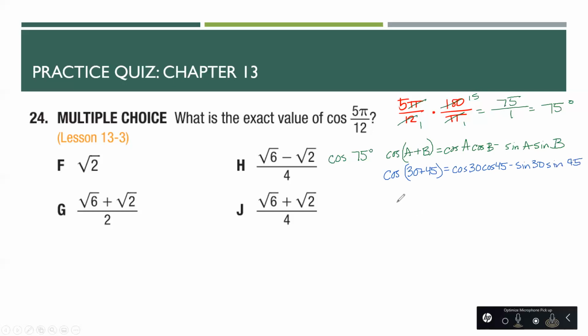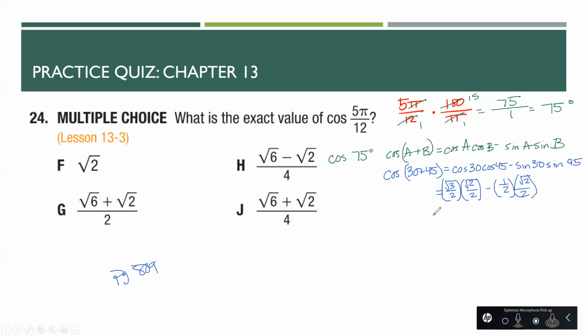Again, if you look on page 809 of your textbook, we have that chart. It tells you the cosine of 30 is equal to radical 3 over 2, the cosine of 45 is equal to radical 2 over 2, the sine of 30 is equal to 1/2, and the sine of 45 is equal to radical 2 over 2.